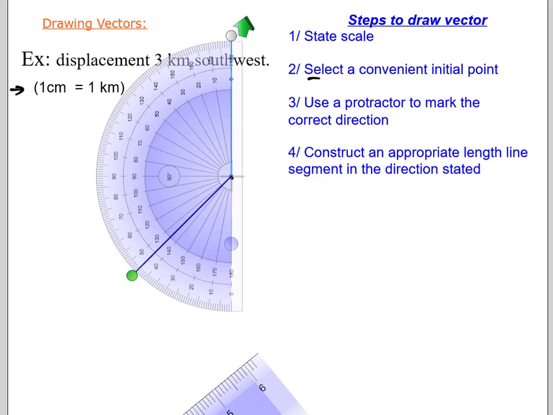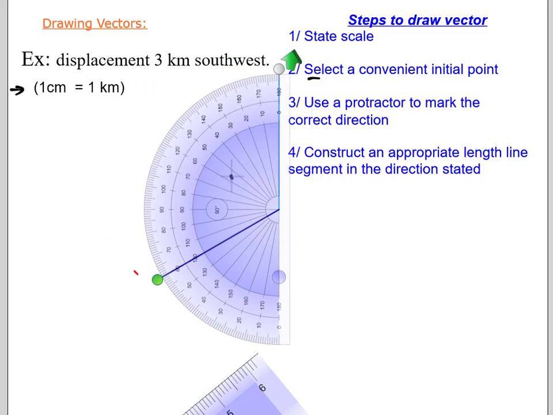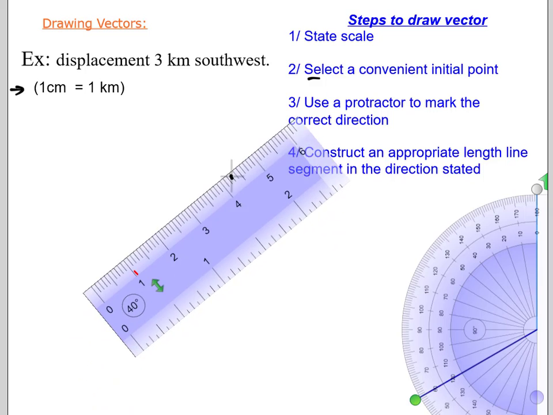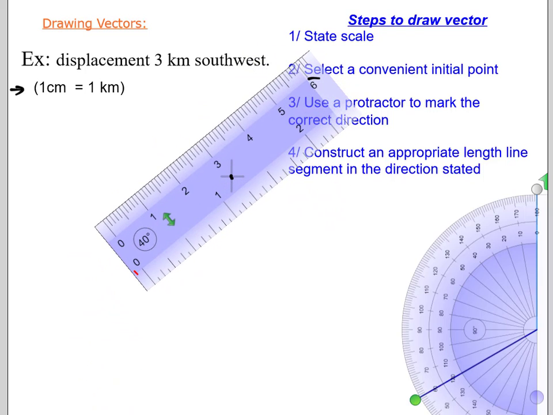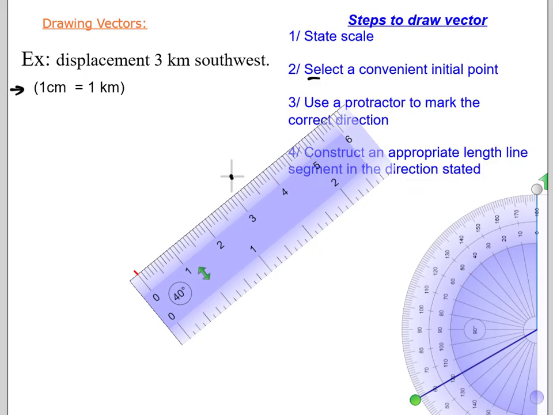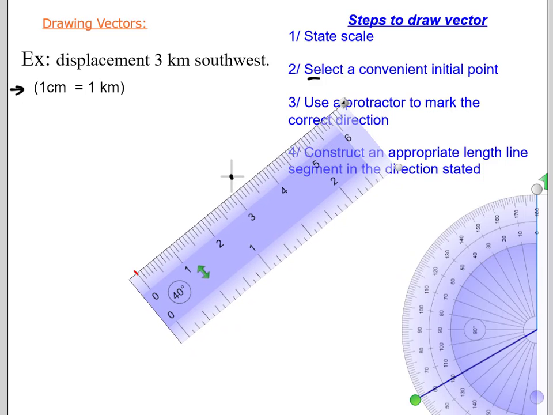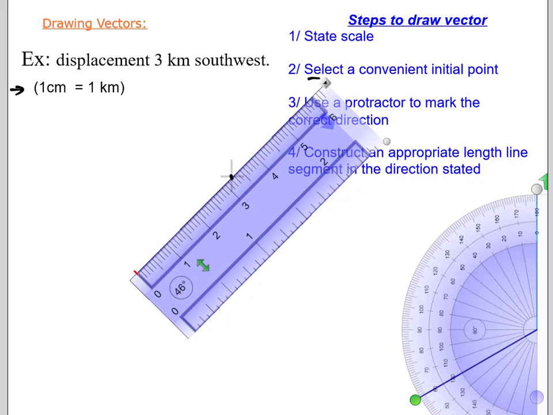Okay, so once you've done that, I always find it really useful to move this out of the way and put a dot right there. So now when I go to draw my actual vector, I have centimeters written here, and I'm going to try and draw 1 kilometer from there to there.